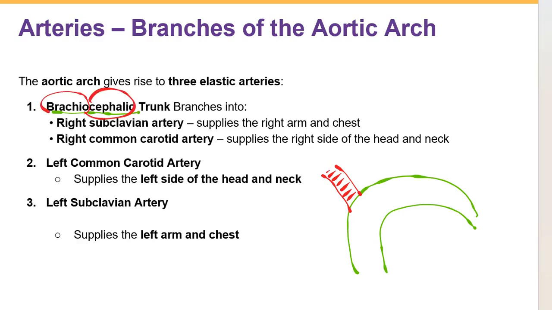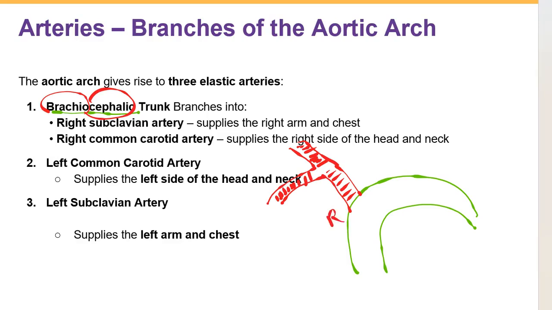So the brachiocephalic trunk gives these two branches. One is going toward the arm and another one toward the head and neck. One of them is called the subclavian artery and the other is called the common carotid artery, because that would be found on the right side.